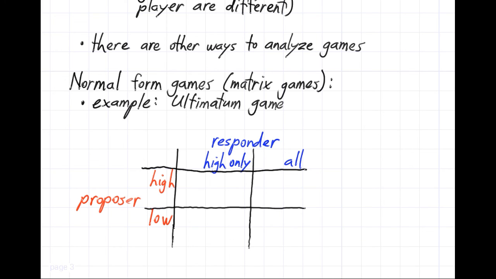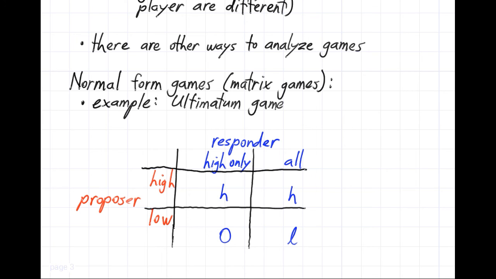So they get H. If the responder accepts everything, accepts all, and the proposer offers high, then again, the responder gets H. Moving down from there, if the proposer offers a low amount and the responder accepts all, then the responder gets that low amount, L. But if the proposer offers a low amount and the responder says, no, I only accept high only, then the responder doesn't get anything. So in blue here, we've written the payoffs, or presumably the utilities, for the responder.